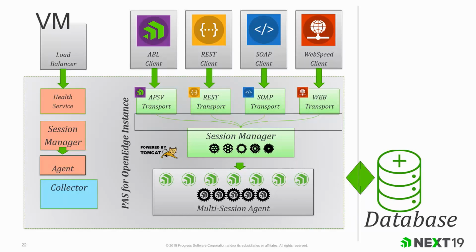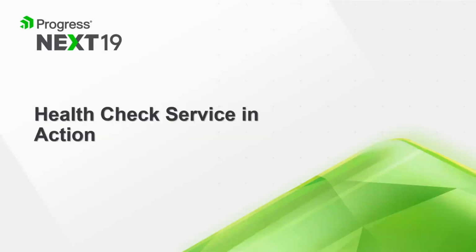Then we've got our health service. Again, this is deployed on its own port. It's not going to affect any of the transports there, and it's basically calling into the health server there.